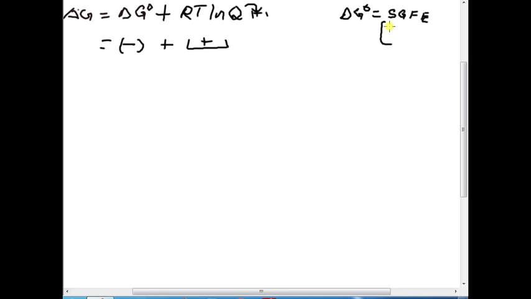When the concentration is 1 molar both of reactant and product, and the temperature equals 298 Kelvin or 25 degrees centigrade. Okay, so that's a standard condition in which you have the tabulated value, right?